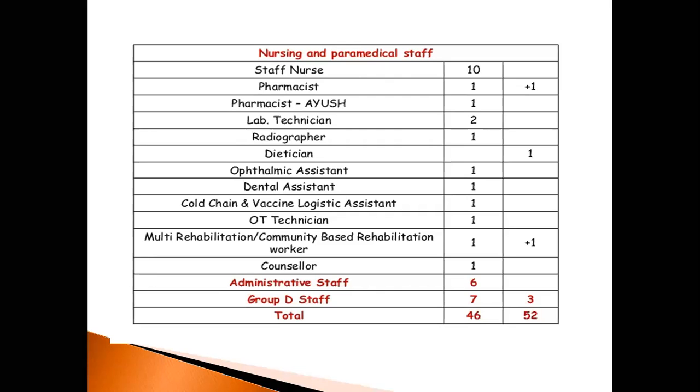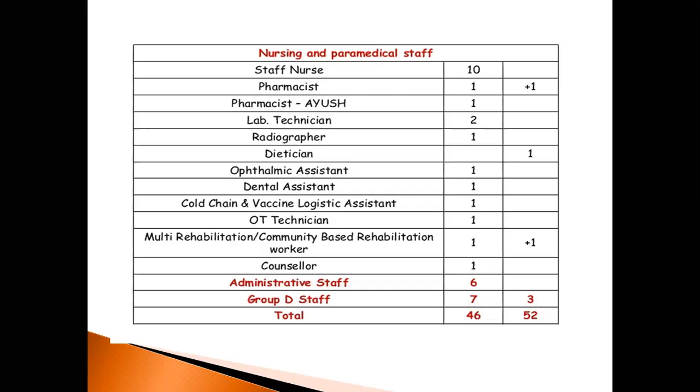For that we need some person to manage it, to keep track of the number of vaccines available and the temperature, because we need to maintain a specific temperature so that the vaccines will not get spoiled. So for that we need a cold chain and vaccine logistic assistant.